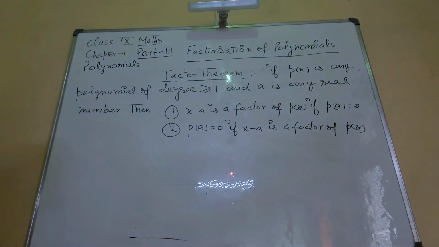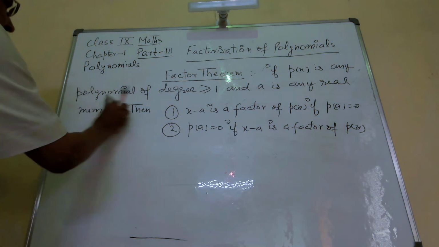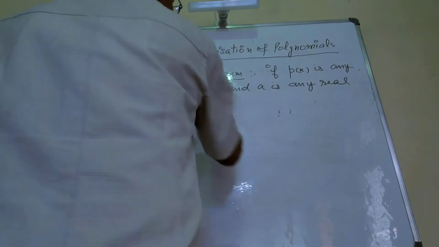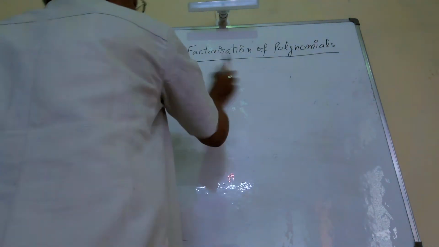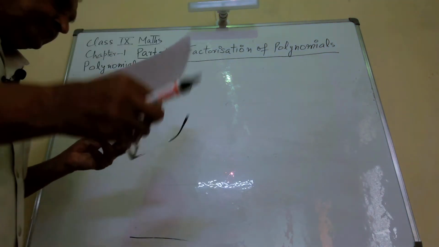So now, with the help of an example, I want to make it clear how the remainder theorem is very essential in getting the factors of a polynomial.